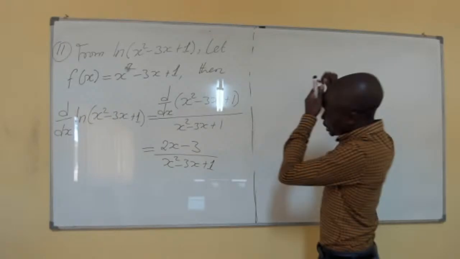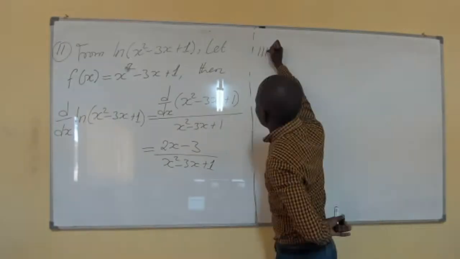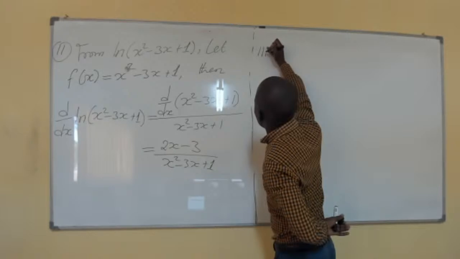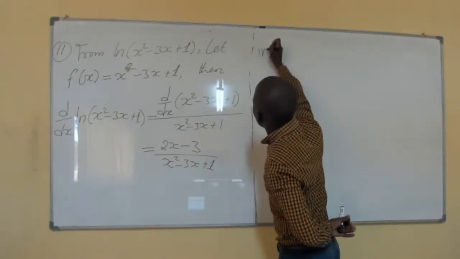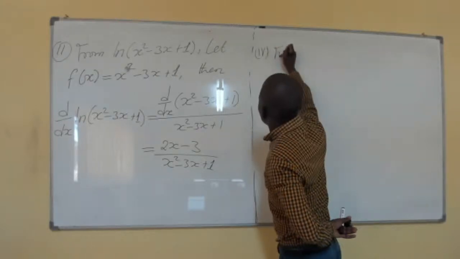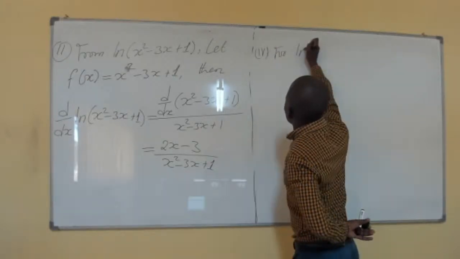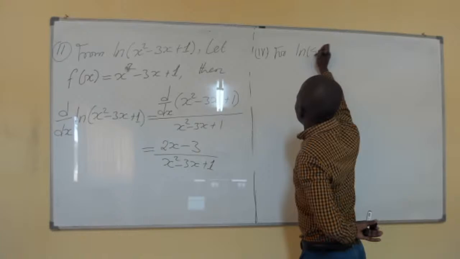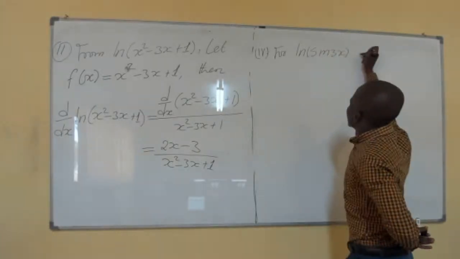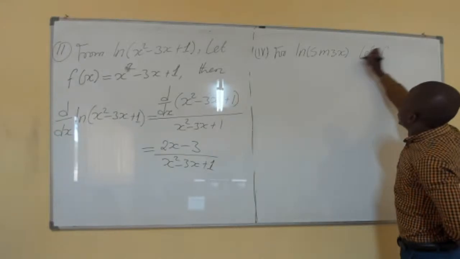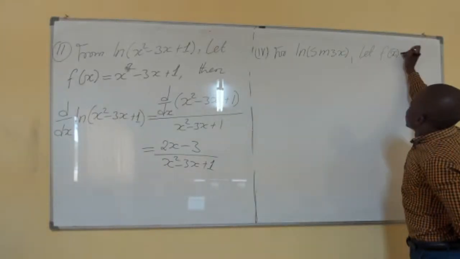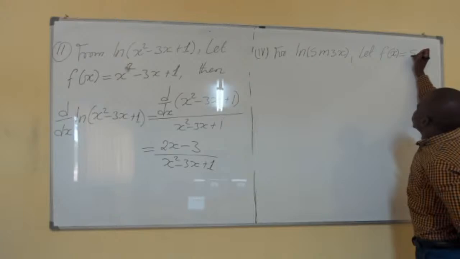That should be number 4, part 4. For the function ln of the sine of 3x, let f of x be equal to the sine of 3x.